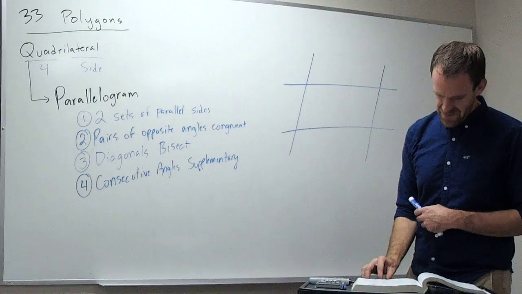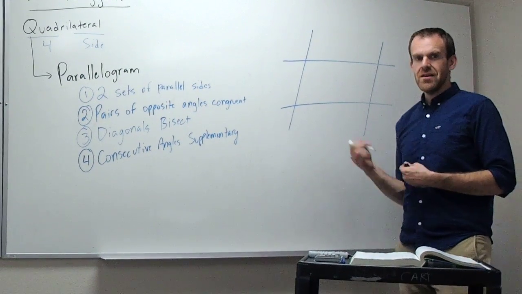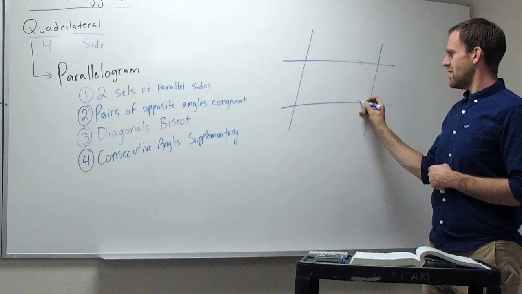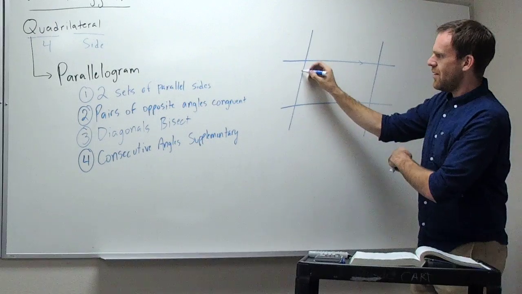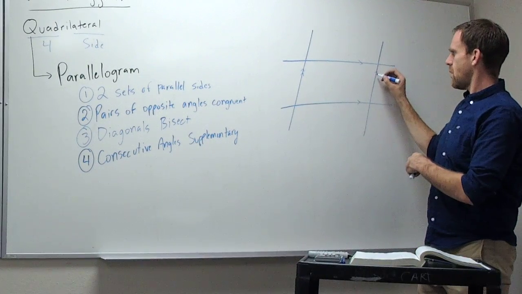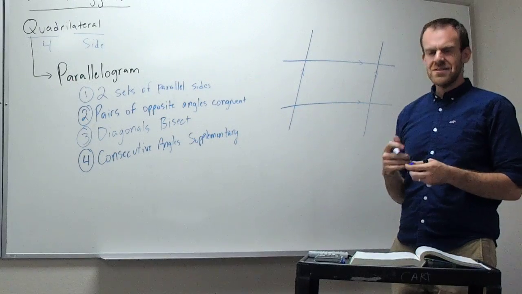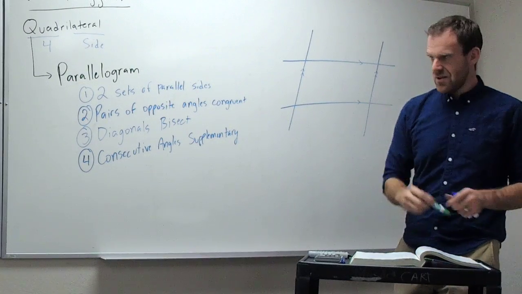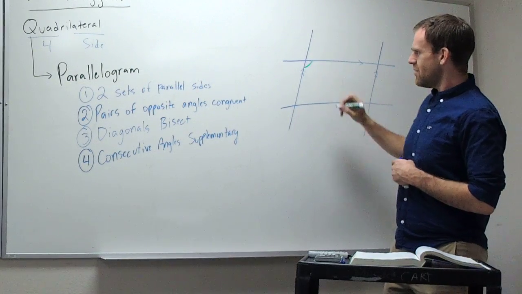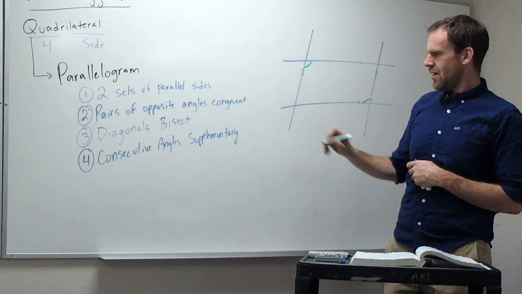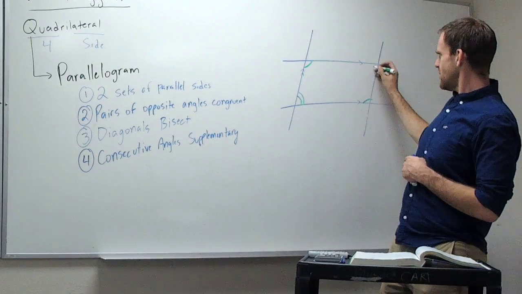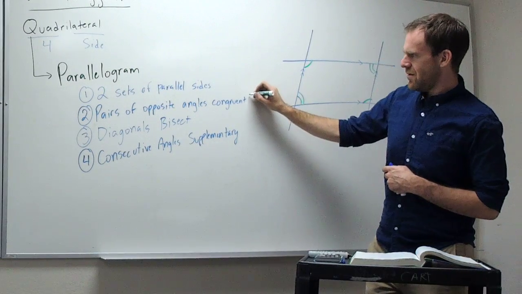I'm saying that, number one, it has two sets of parallel sides. These two and these two. Next, pairs of opposite angles are congruent. So that means that this angle equals this angle. And this angle equals this angle. That's this guy right here.